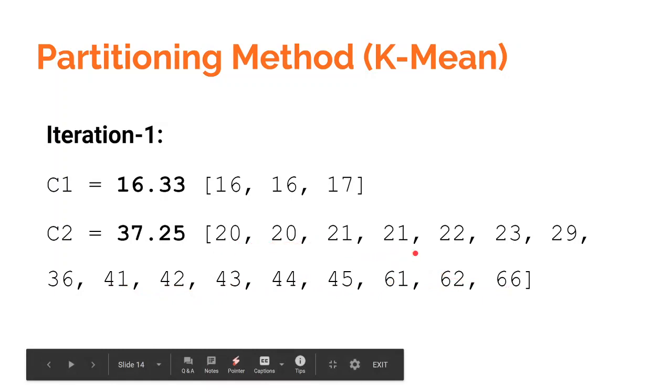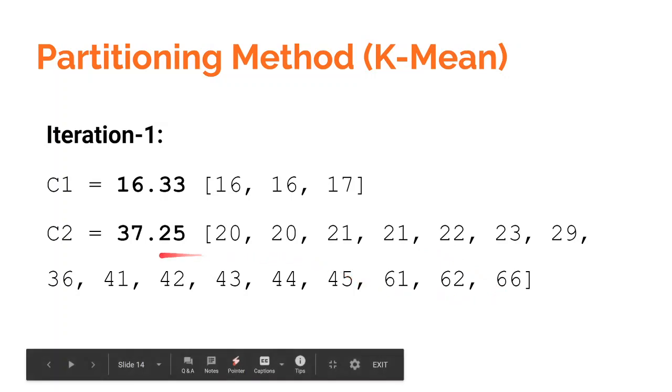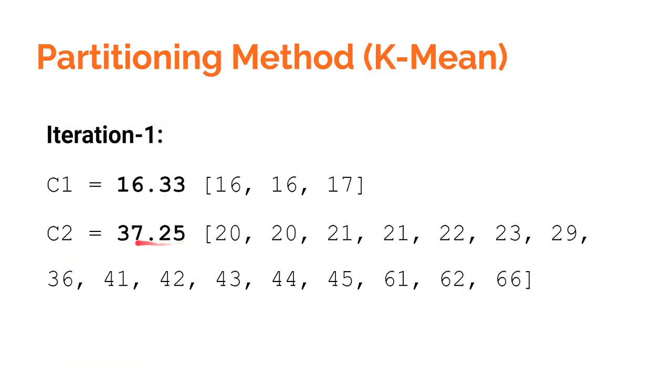I have made the sum of all these values, divided the result by 16, and I got 37.25. So again I can consider approximately 38 for the second mean value, for the second centroid. So I will consider approximately 17 as the mean value for cluster 1 and approximately 38 for cluster 2.